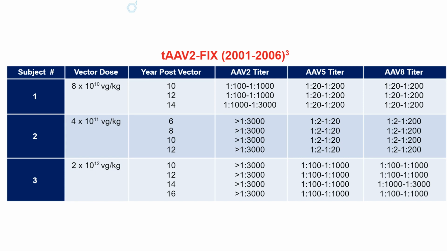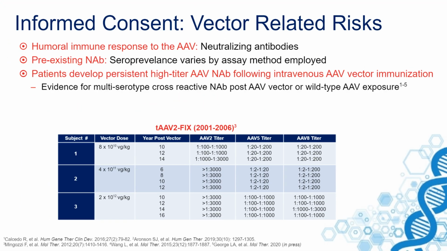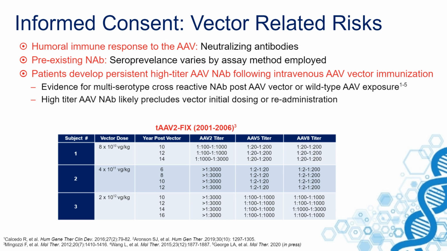And this is consistent with what we know about humans after wild-type AAV environmental exposure, as well as from non-human primate and other studies. So the importance of these neutralizing antibodies is that because all patients develop high titer neutralizing antibodies that again appear to be multi-serotype cross-reactive, these neutralizing antibodies likely preclude repeat vector administration.